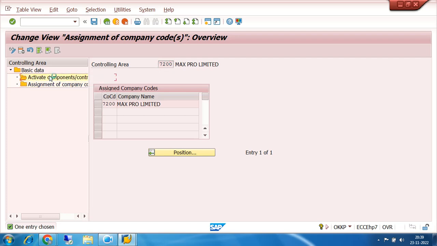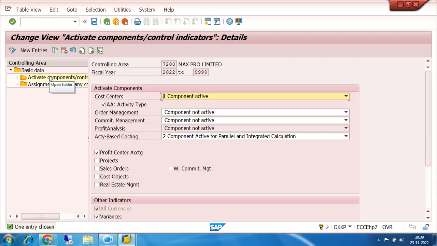Then I have also activated components. Whenever we are creating a controlling area, here we have to start with the fiscal year 2022, and automatically it will extend to 9999, that means for an indefinite period. And we are activating some of the components of costing or controlling.